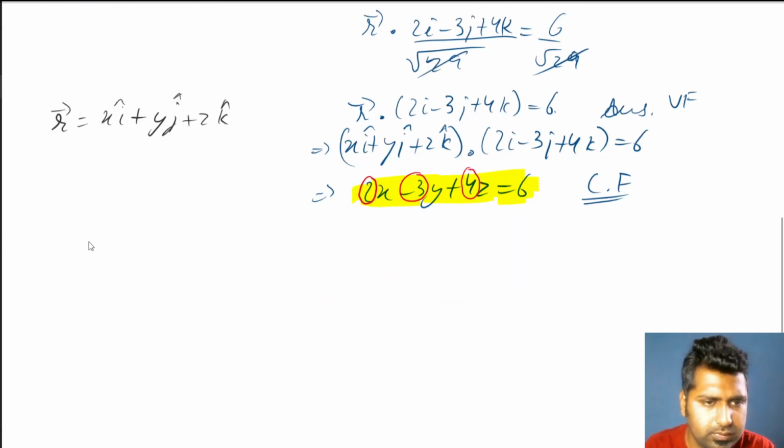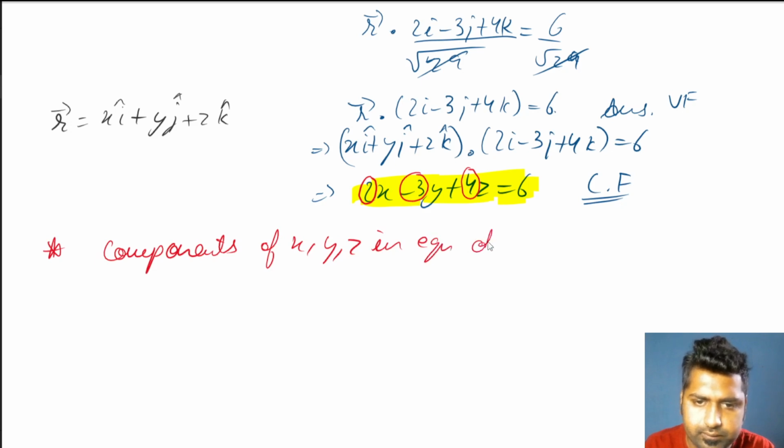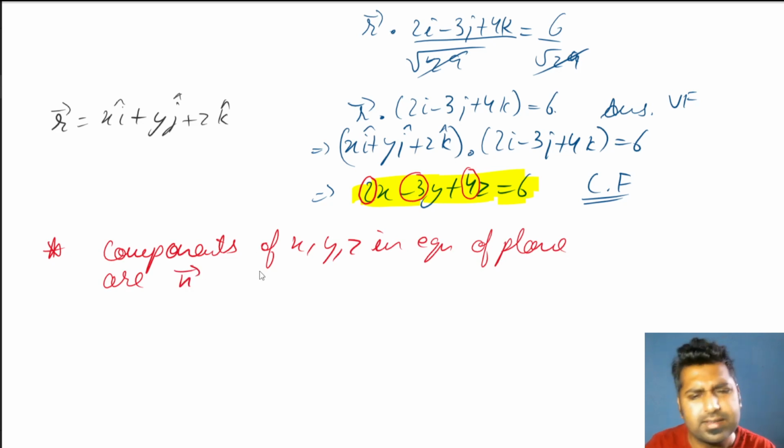So star point: components of x, y, z in the equation of a plane are the normal vector. I'm not writing components of normal vector, let's keep it short.